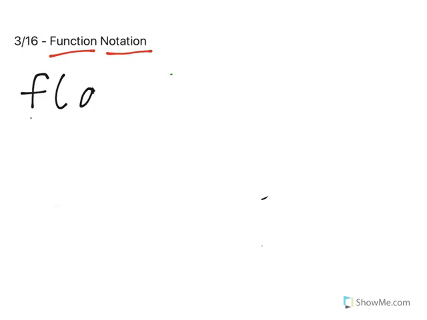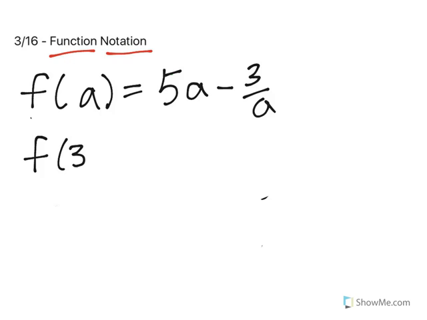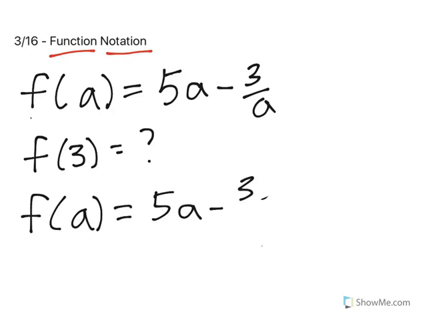This time, f of a is equal to 5a minus 3 divided by a. And we want to know what f of 3 is. Okay, so once again, let's write out our function. f of a is equal to 5a minus 3 divided by a.